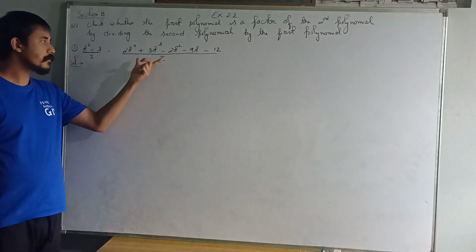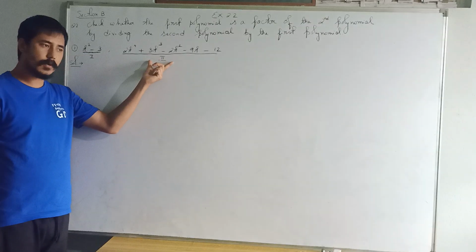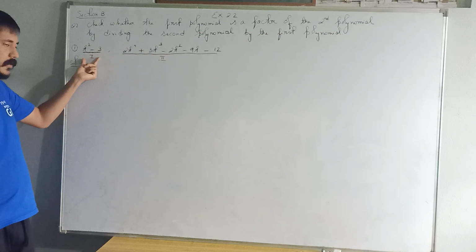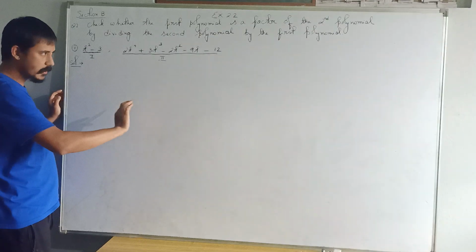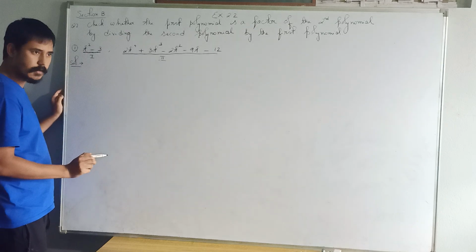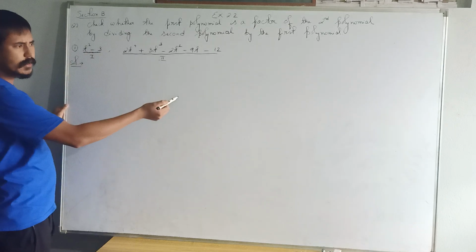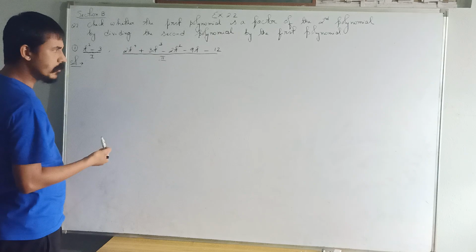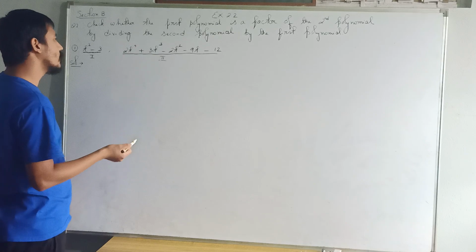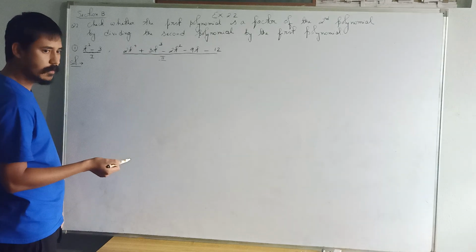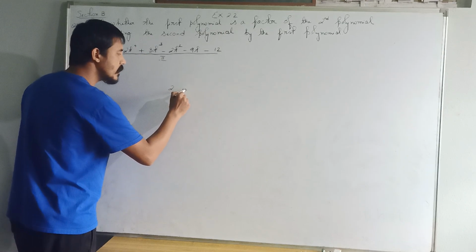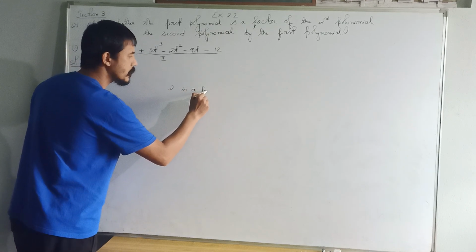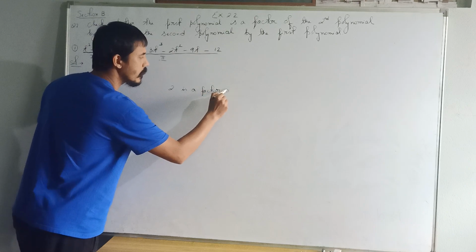Now what we have to do, divide this second polynomial by first polynomial. If the remainder is 0, then it is a factor. Okay? One polynomial is a factor of another polynomial if the remainder is 0. We can say that 2 is a factor of 8.